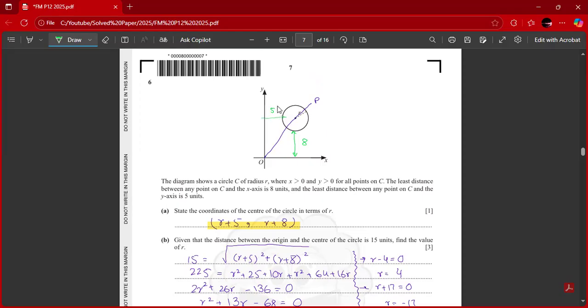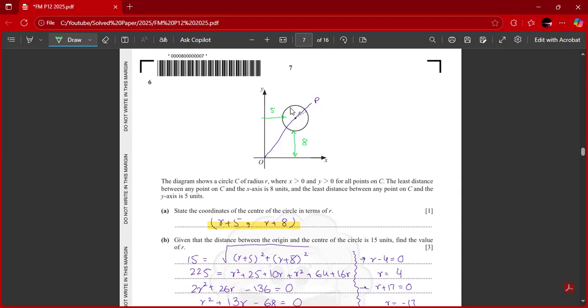Okay, so if I'm supposed to find in terms of r, the diagram shows least between any point on C. Any point, oh, not the center.